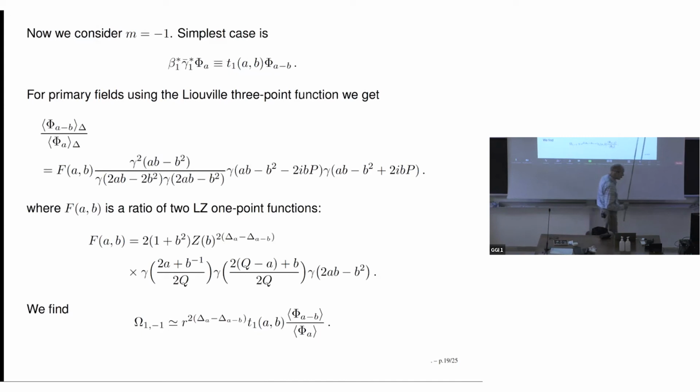And of course, the expectation value of a primary field in the conformal case is essentially a 3-point function. Knowing the 3-point function, I compute this, and so this omega 1 minus 1, which I can compare with my equations, is given here. So all this formula.